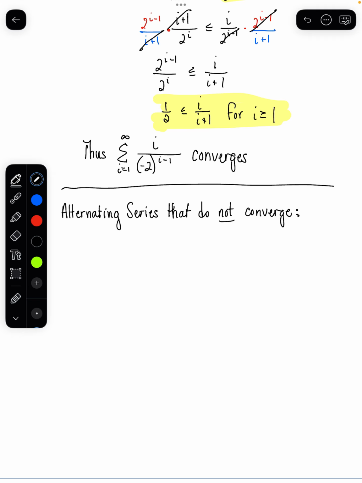One such example might be something such as 3 plus negative 3 plus 3 plus negative 3, etc. This can, of course, be written as the series negative 3 to the I plus 1. This will not converge because the magnitude of the terms does not approach 0.